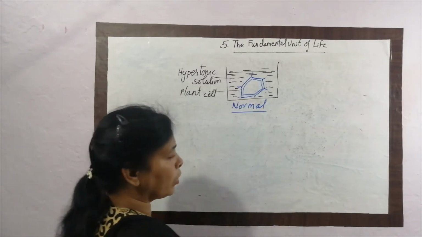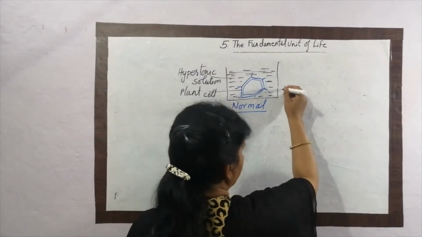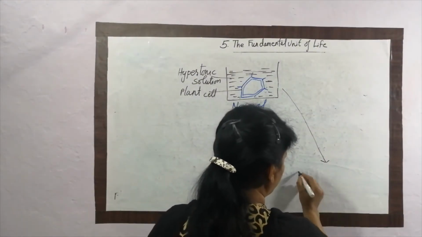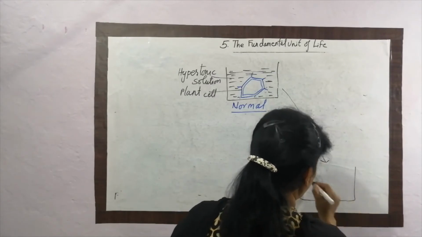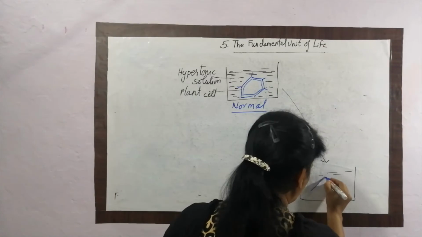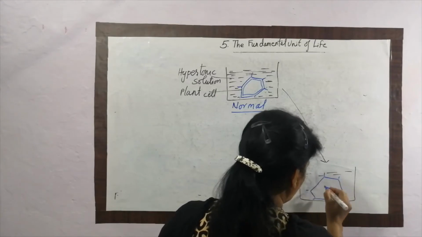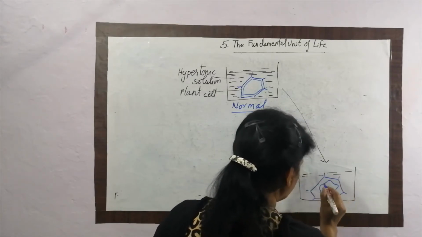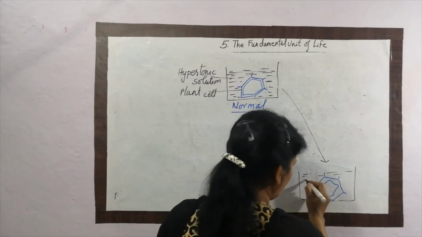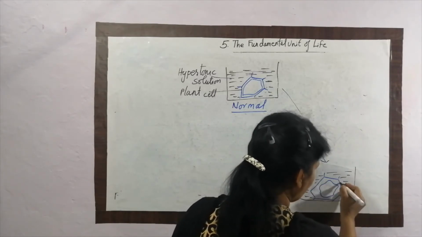Okay, then what happened after few hours? हमने क्या देखा? We saw the cell which we kept in hypertonic solution. The protoplasm of that cell is shrinked. उसका जो प्रोटोप्लाज्म है वो shrink हो गया और हमने इसको क्या कहा?